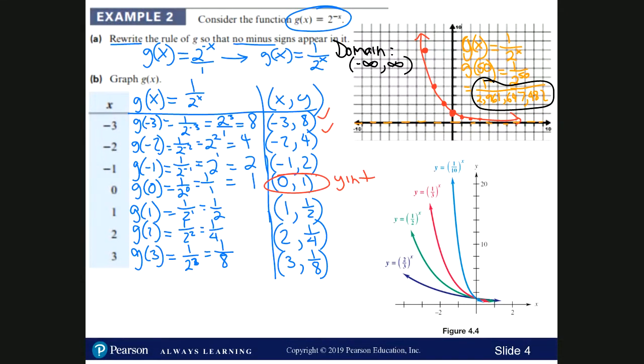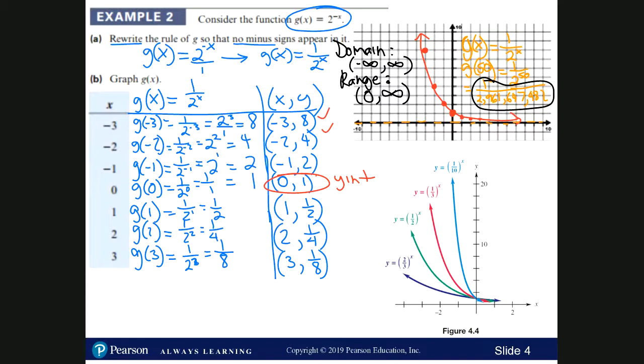However, the range, actually the range will be the same too, because the smallest possible y value will be anything that is greater than 0. So we will say from 0 to positive infinity, but of course not including 0.